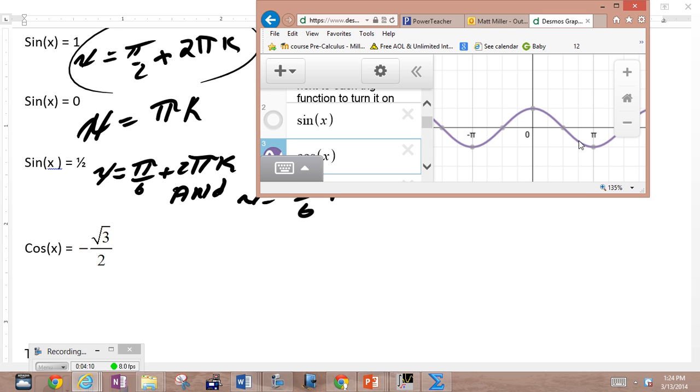Now, these are familiar values to you. Cosine is negative in the second and the third quadrant, right?